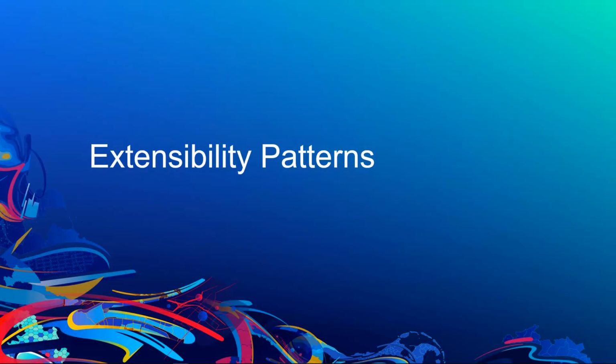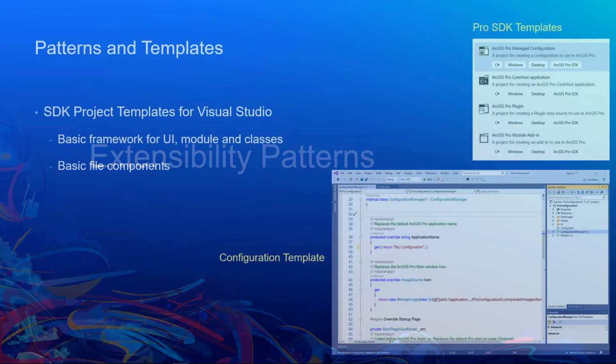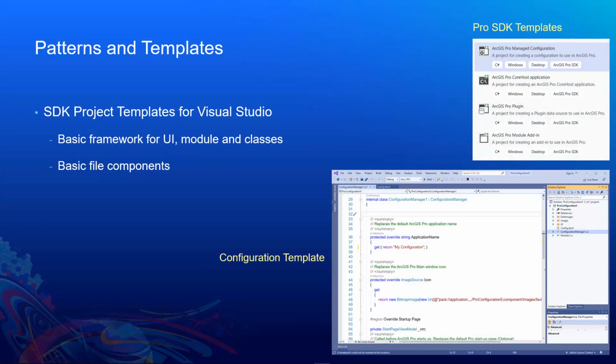Okay, so let's discuss extensibility patterns. Each one of the extensibility patterns has its own template for Visual Studio. Each one of the templates provides its own basic framework for the user interface, a module, and the essential classes that are used as you get started with that template.